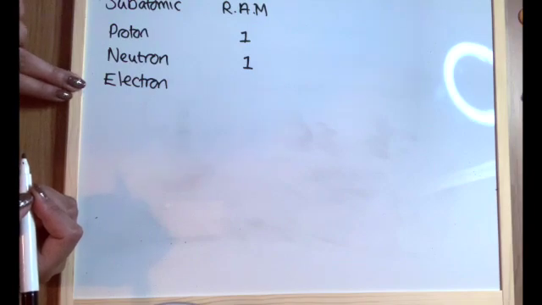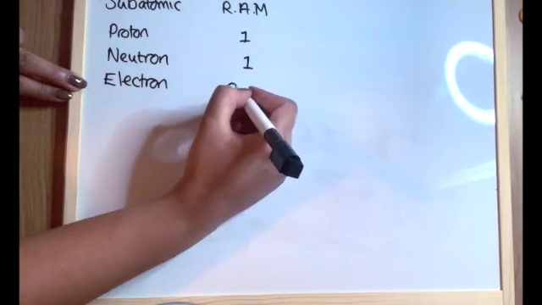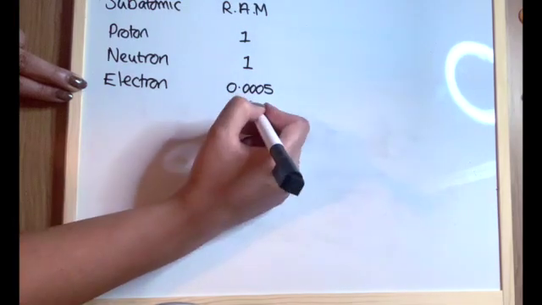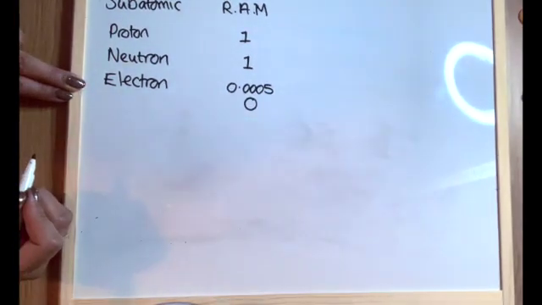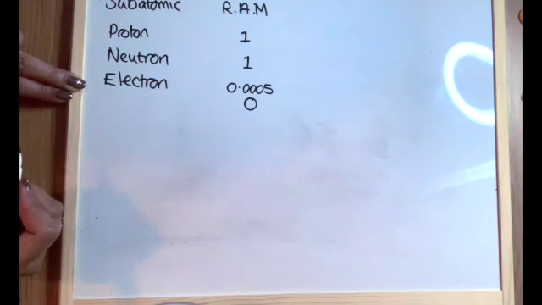And then the electron is the particle that is tiny compared to the other parts. So the size is 0.0005, or we could round that up to 0 or say it's negligible. Negligible meaning it's so small that it doesn't really count when we're considering it.